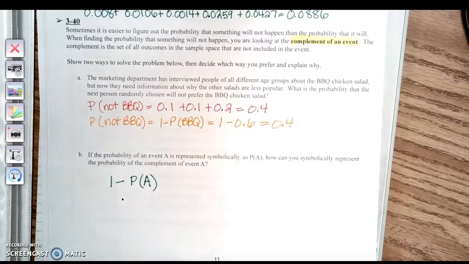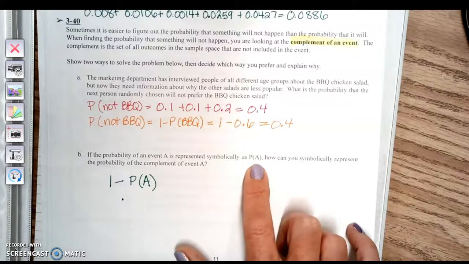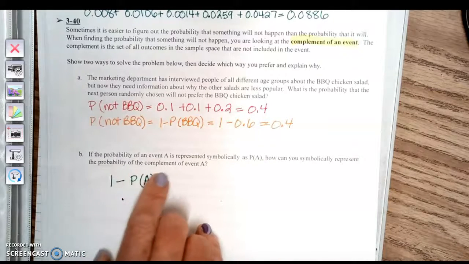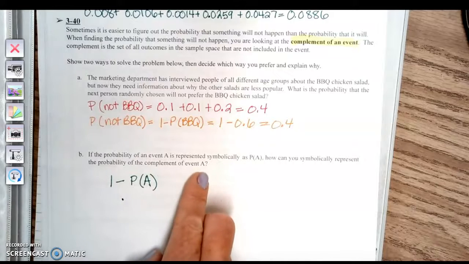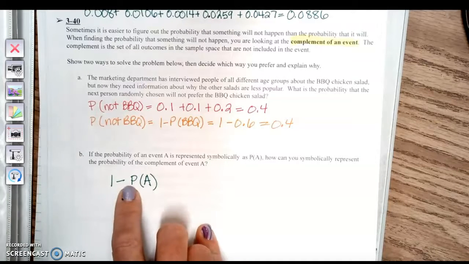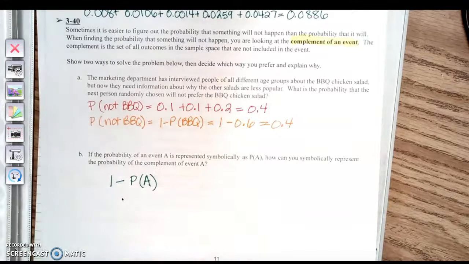So if the probability of an event is represented symbolically as the probability of A, how can you symbolically represent the probability of the complement of event A? You're going to say 1 minus the probability of the event happening. Finish copying that down.